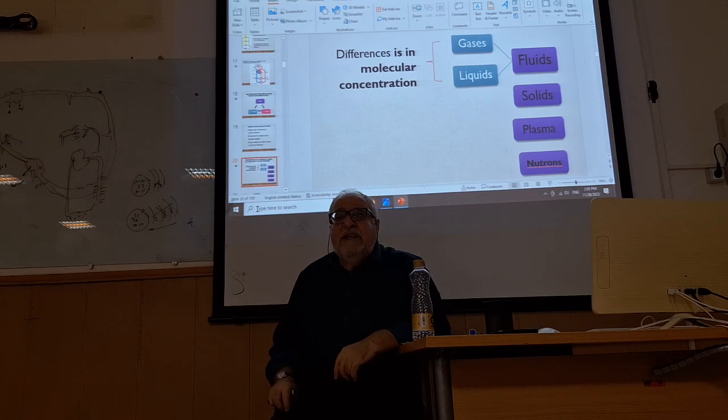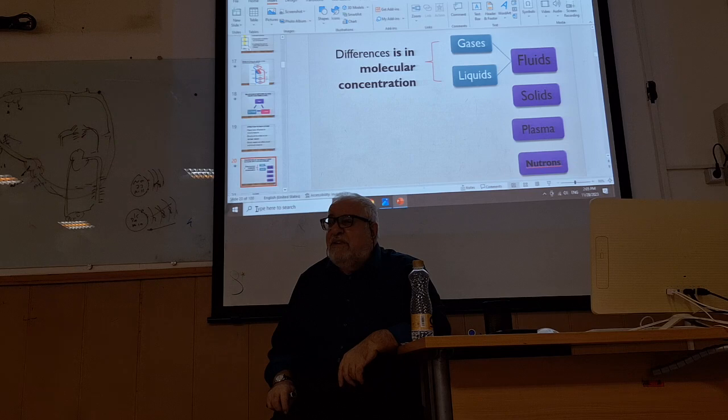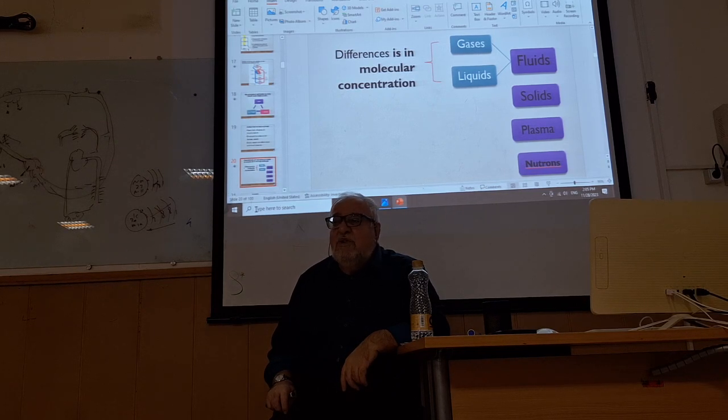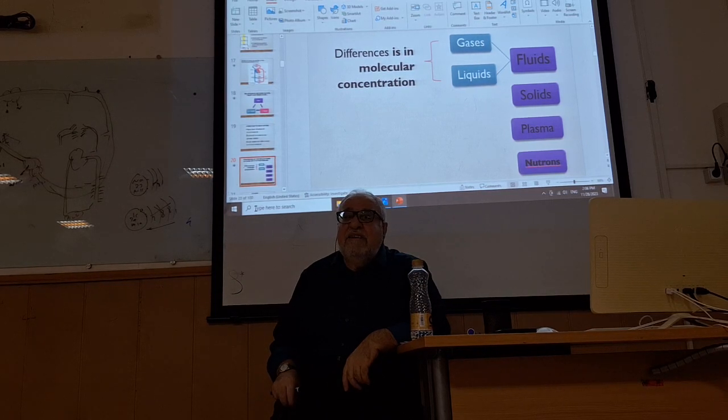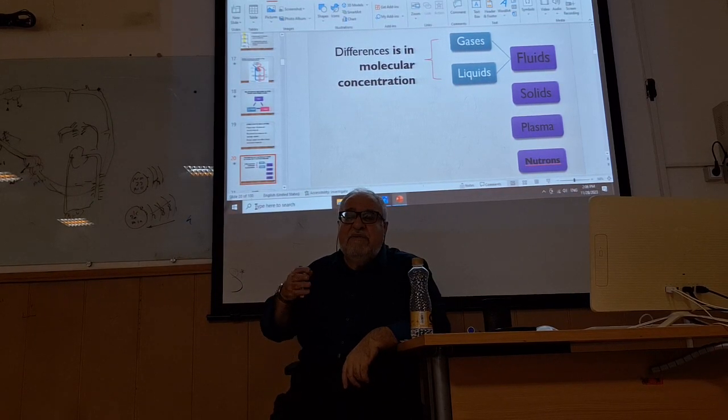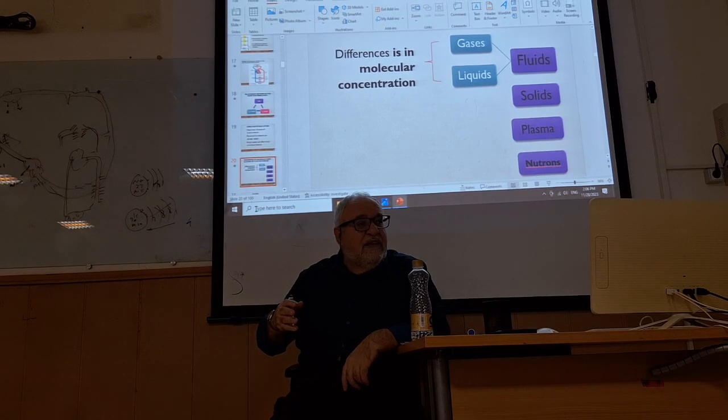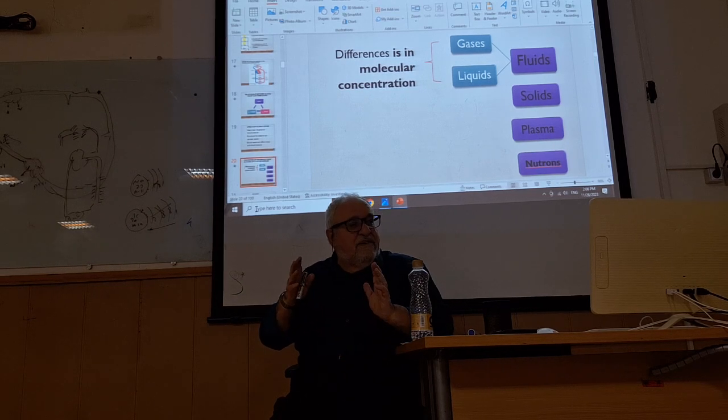Therefore, the difference between liquid and gas is the concentration of the molecules. If the concentration of the molecules increases, the gas will change its state from gas to liquid. And if the concentration decreases, it becomes gas.